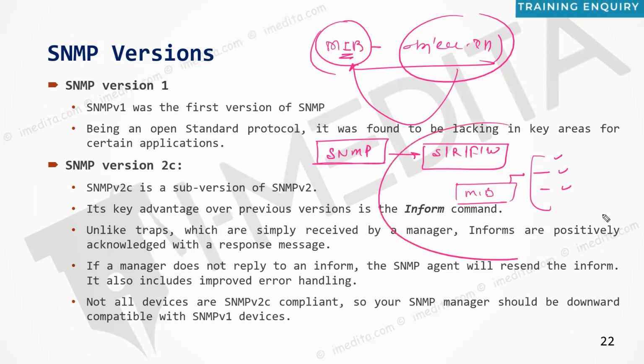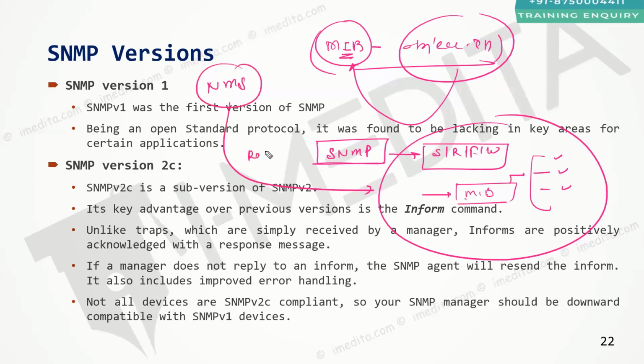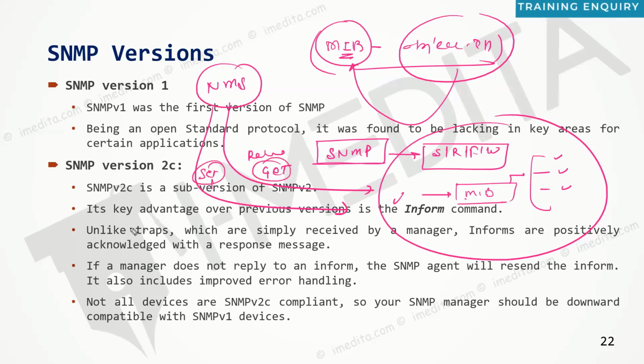That MIB is then queried from the network management station to retrieve a variety of information, or to set some parameters on the device as well. So SNMP can do both get and set operations. We can not only retrieve the information, but we can also configure the information in SNMP.